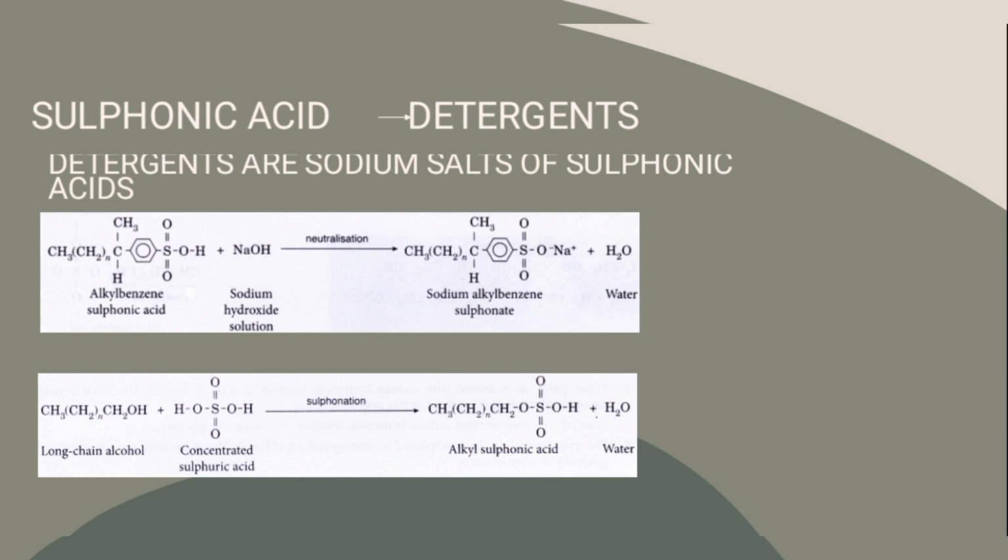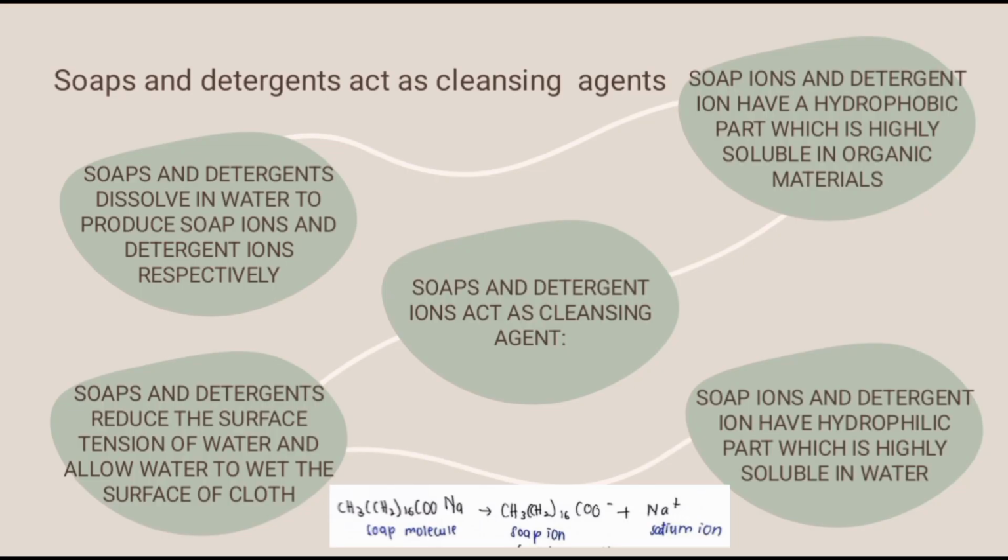The long chain alcohol reacts with concentrated sulfuric acid and undergoes sulfonation, producing alkyl sulfonic acid plus water. We know that sulfonation occurs in the presence of sulfuric acid.